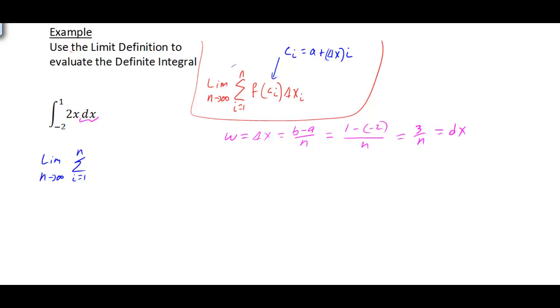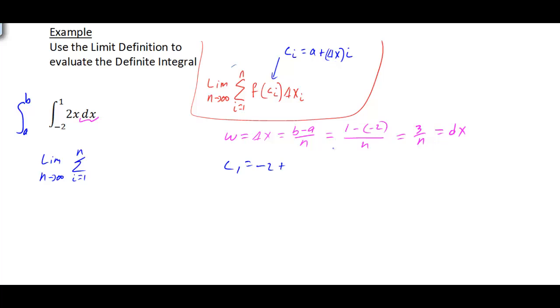Now we need to figure out what is the c sub i. Well, c sub i is equal to a plus the delta x sub i. Well, the a value we're talking about is for the integral that goes from a to b. So our a value is -2 plus our delta x.